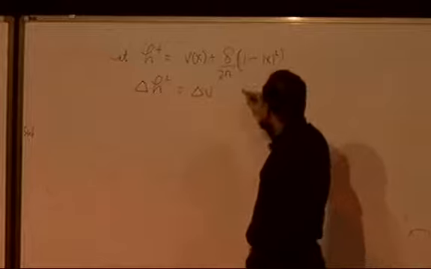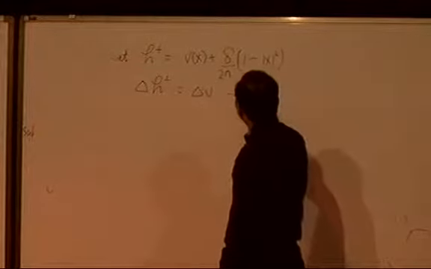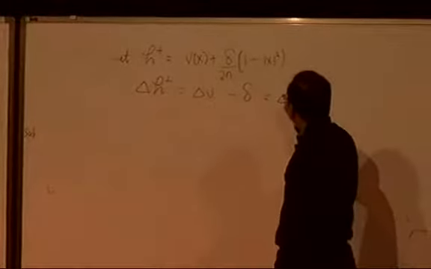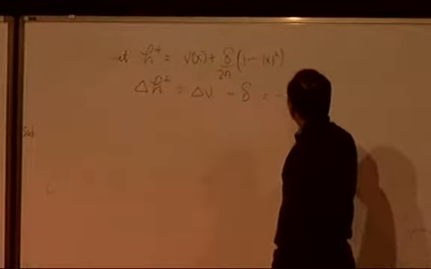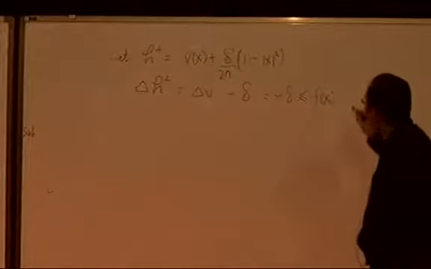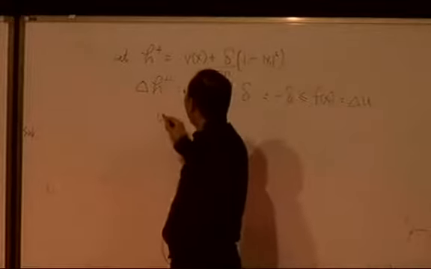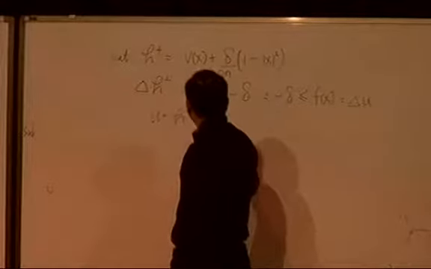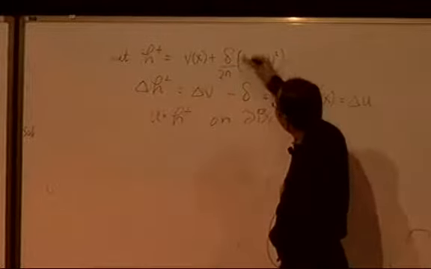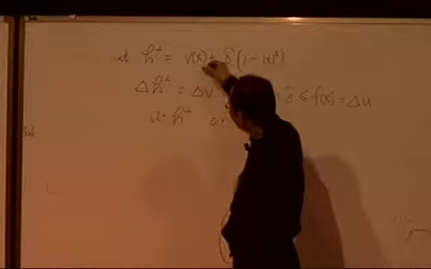You take the second differential and take a trace, and it's going to be minus delta, and that is less than or equal to f of x, which is the Laplacian of u. And u and h plus are the same on the boundary of B1, because this value is 0 and v is equal to u.